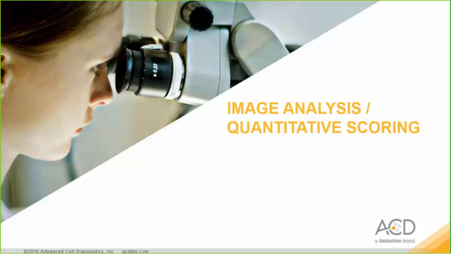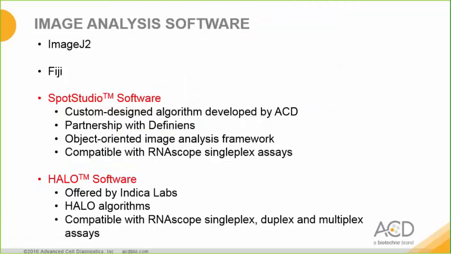The next section is on image analysis and quantitative scoring. Whole slide scan images, or images taken from a microscope camera, can be analyzed by a number of commercial image analysis software packages or by free open source programs. Briefly, with respect to the free open source programs, the most widely known is ImageJ.